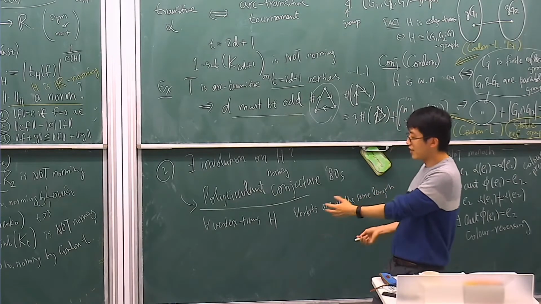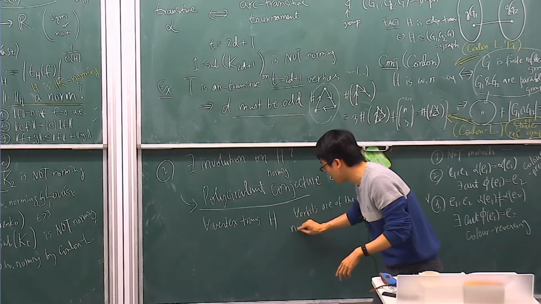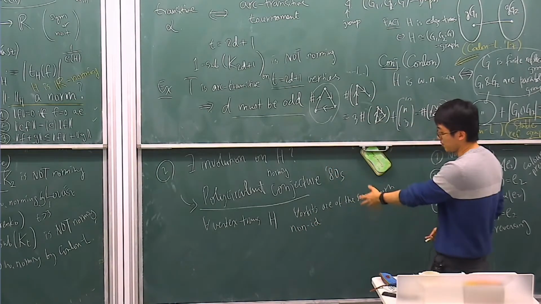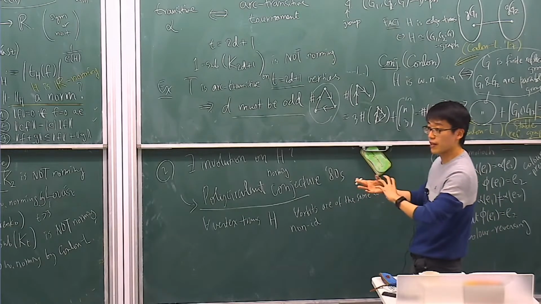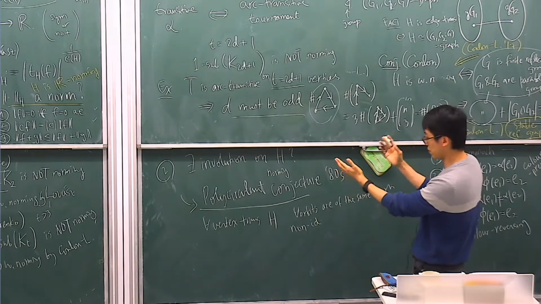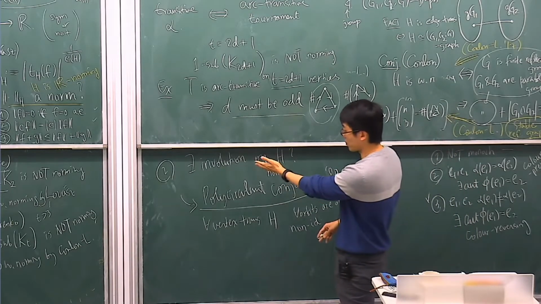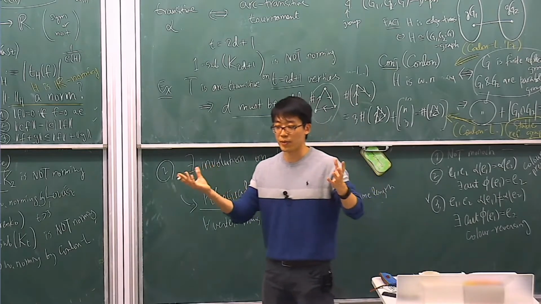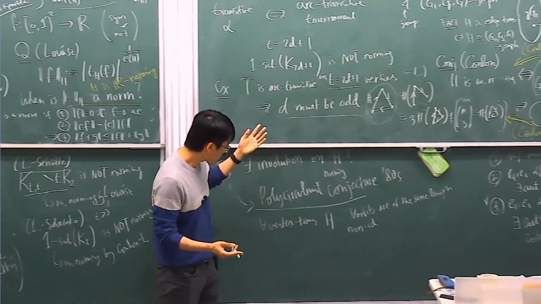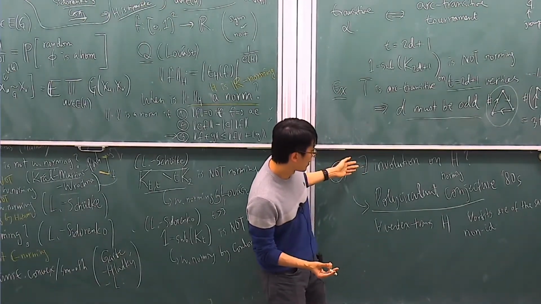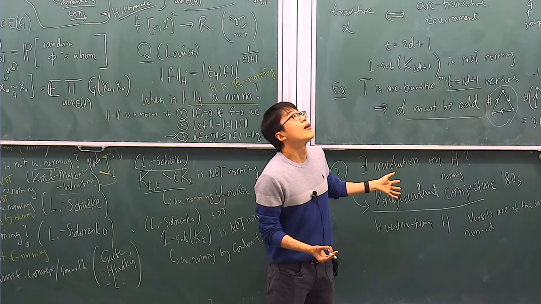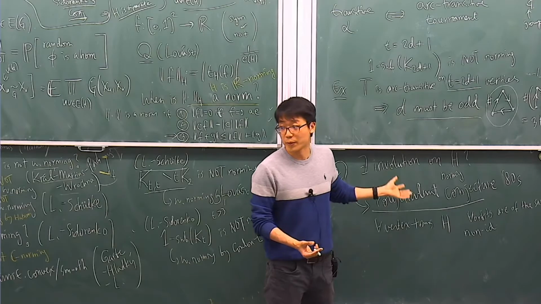If I take the identity, it's too trivial. This is reminiscent of the involution I explained. If this is true, then it confirms the polycirculant conjecture for the line graphs of norming graphs.